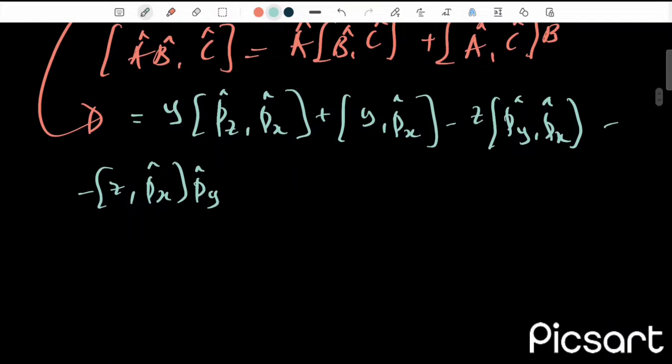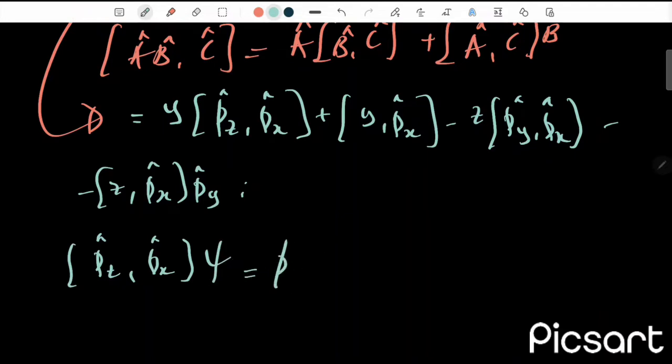And we can see that pz px, when we apply this to a function psi, we have pz px psi minus px pz psi.